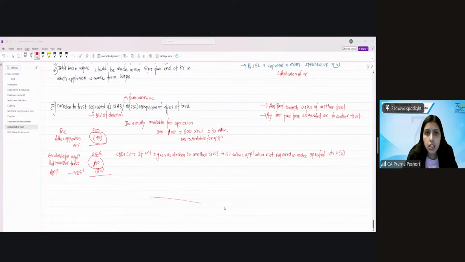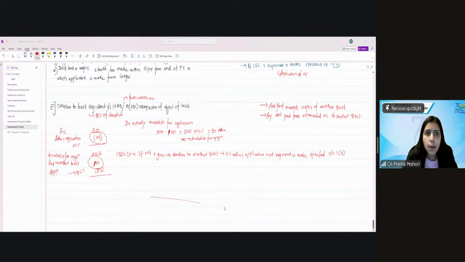Next is with respect to the application of the income. Now, these are the amounts which are allowed as the application.